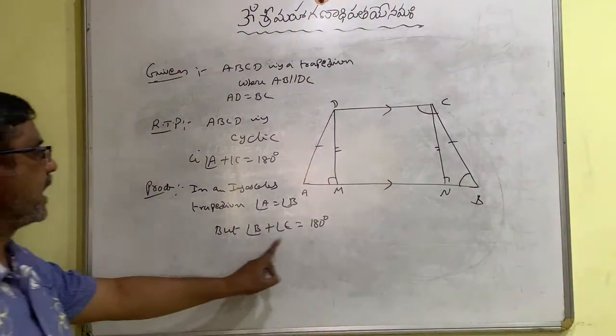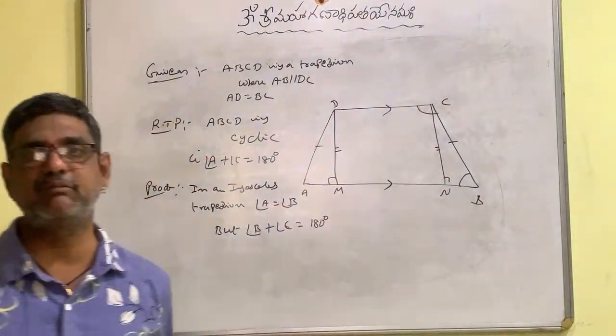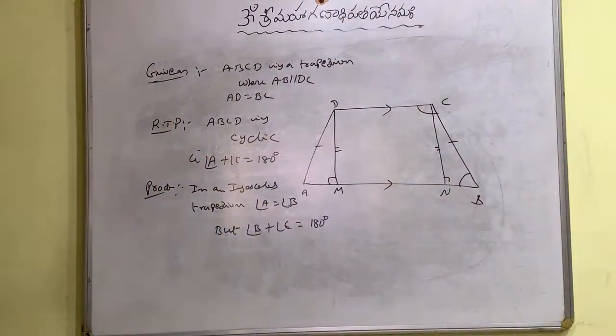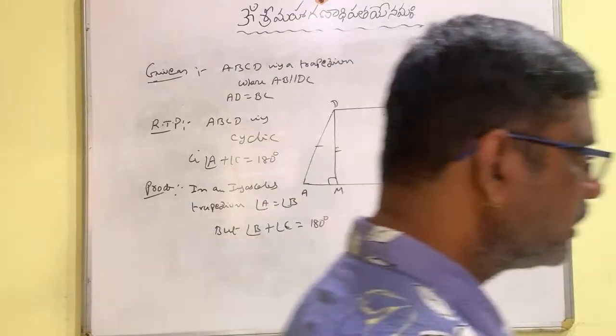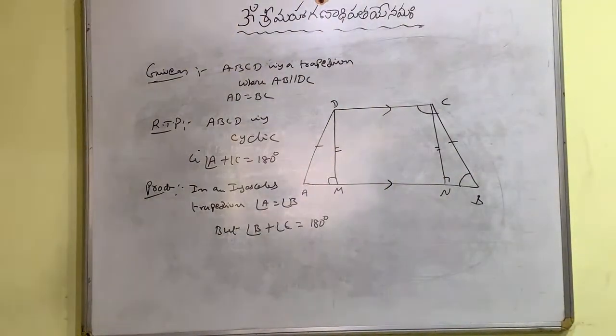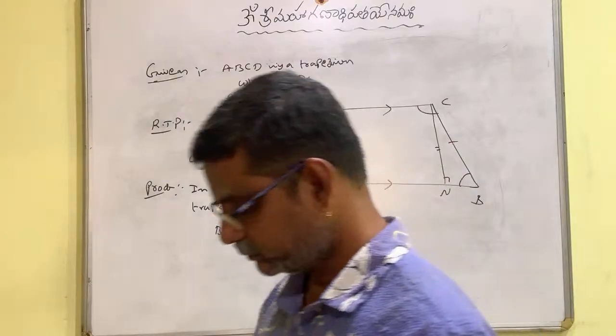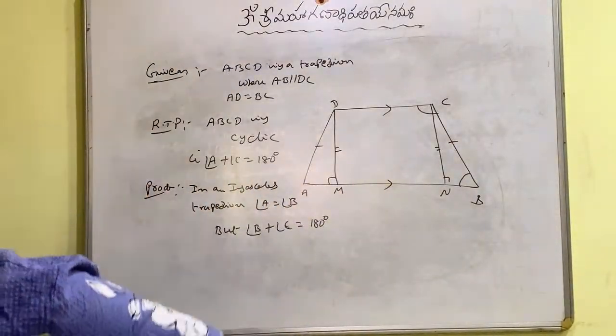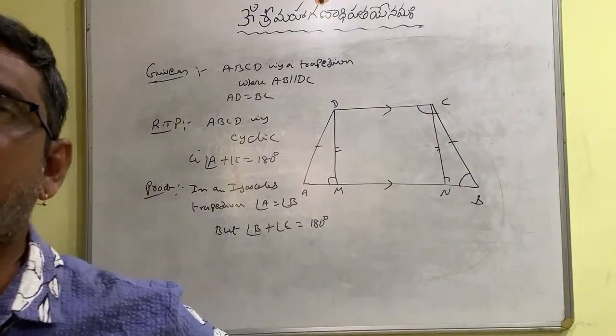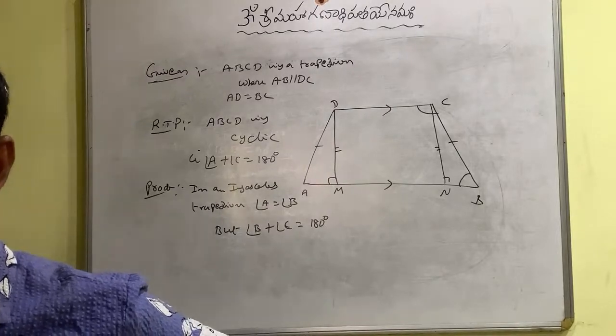Now, I am saying angle B plus angle C is 180. Why? What is the reason? Angle B plus angle C is 180. Is that statement right or wrong?